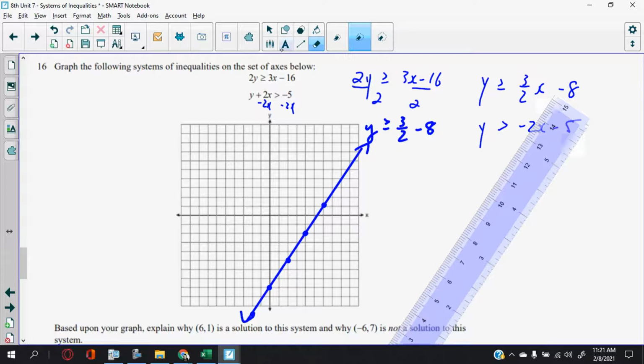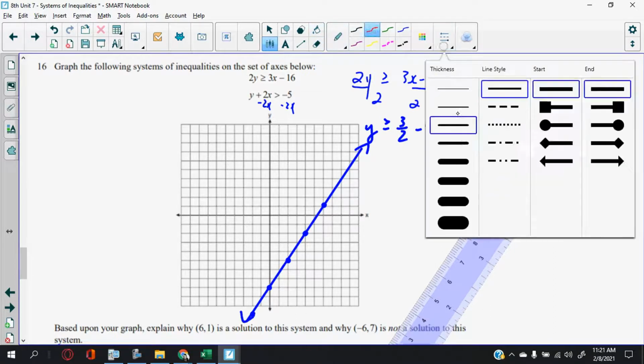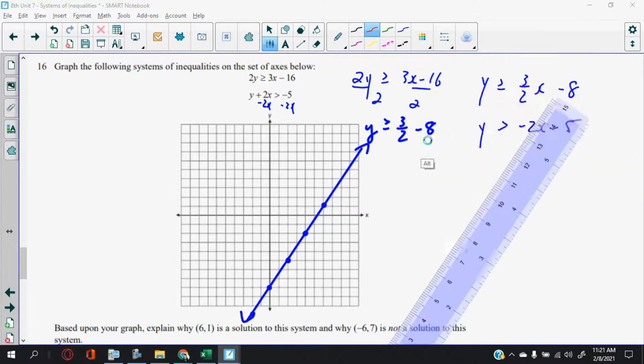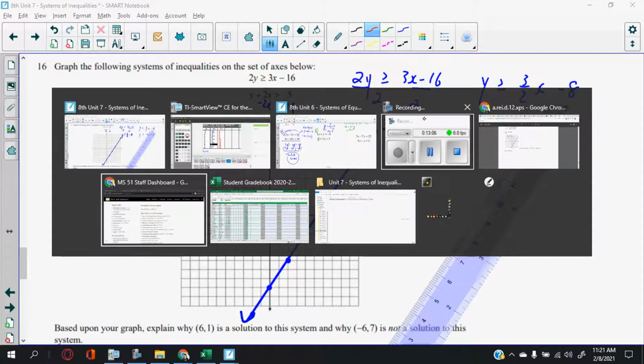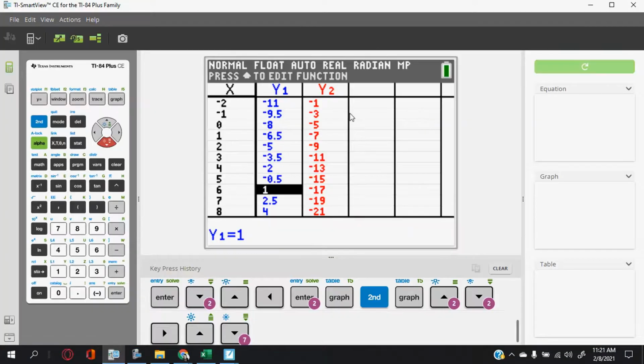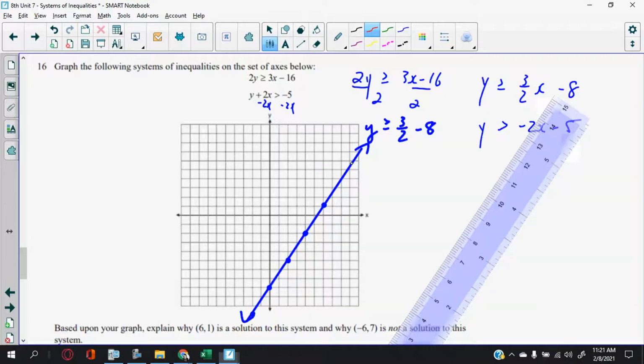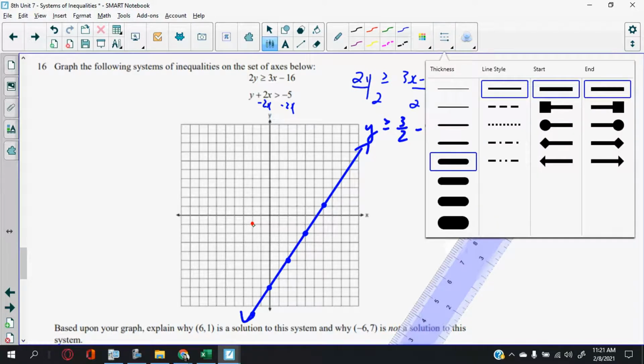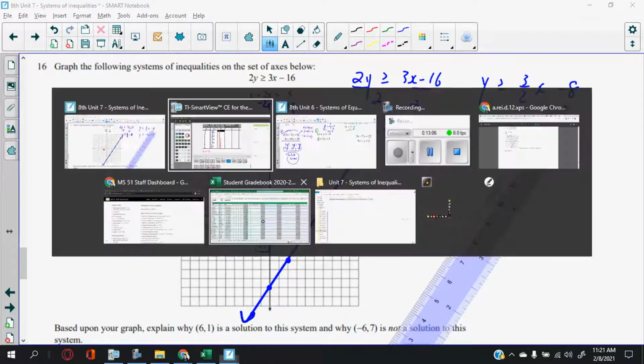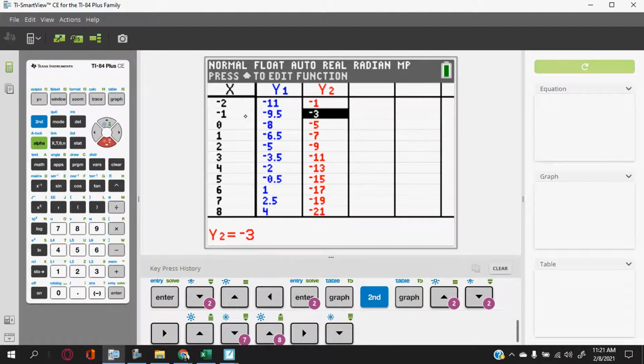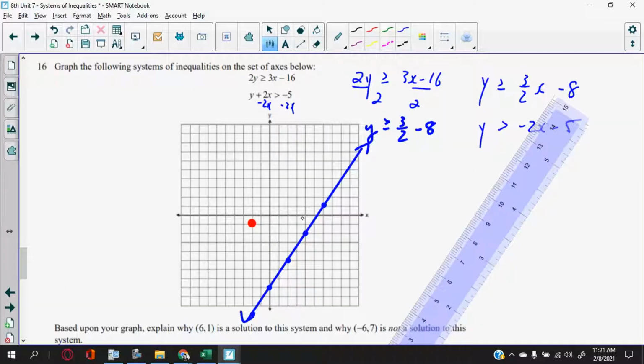Now, for the red one, let me take a look. Negative 2, negative 1. Okay, so let's see what else. Negative 1, negative 3.